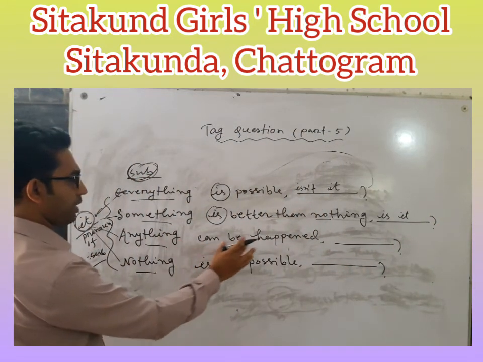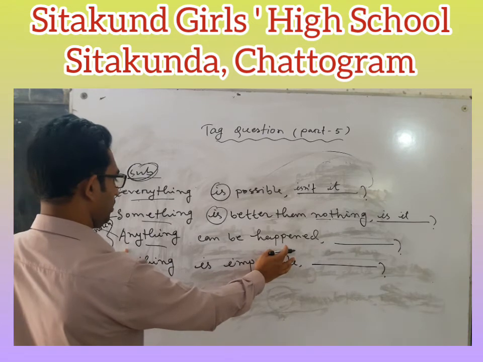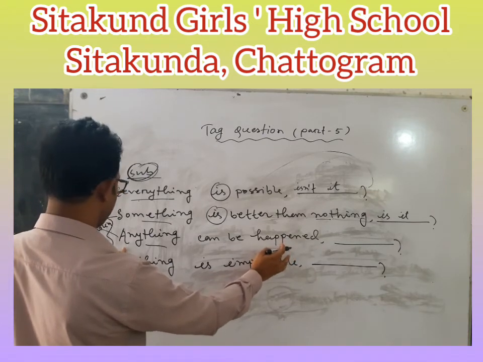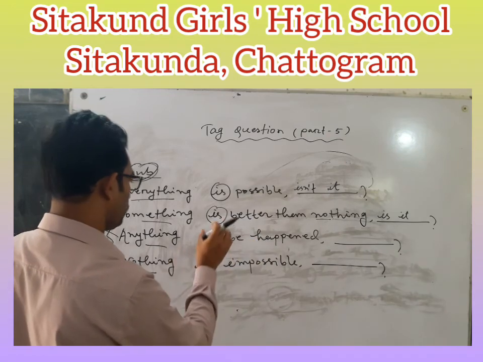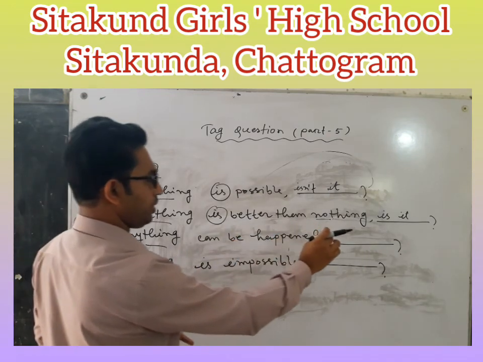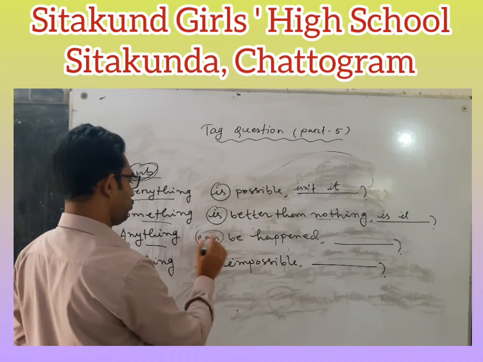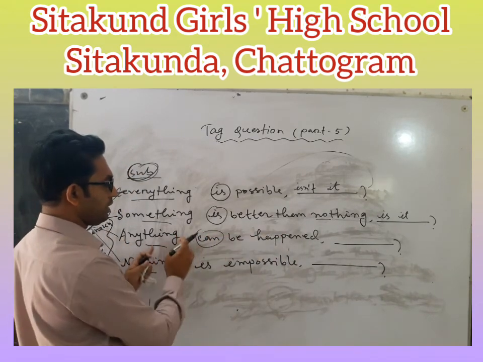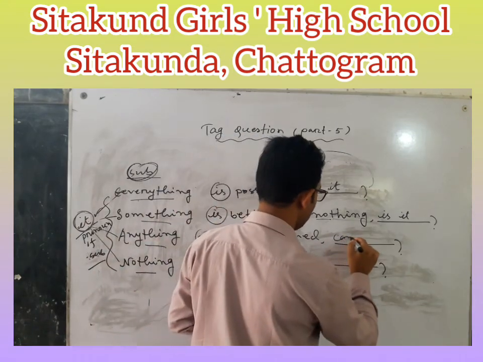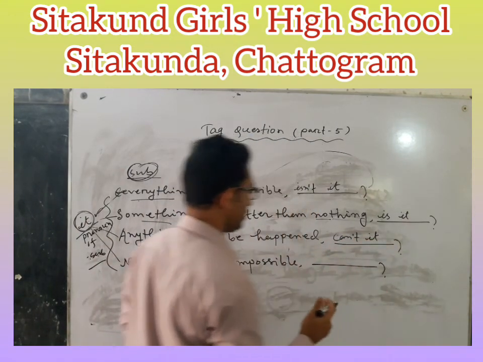And anything can happen: this is an affirmative sentence. You are not looking at any negative word, so the answer will be negative. So for can you have to write can't, and for anything you have to write it. So can't it is the right answer.